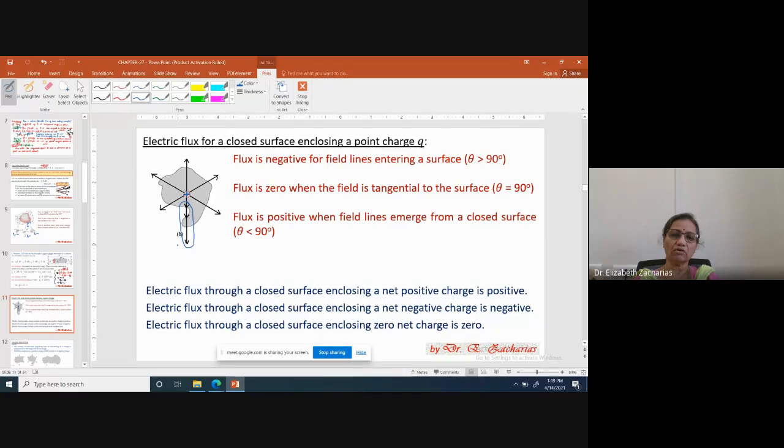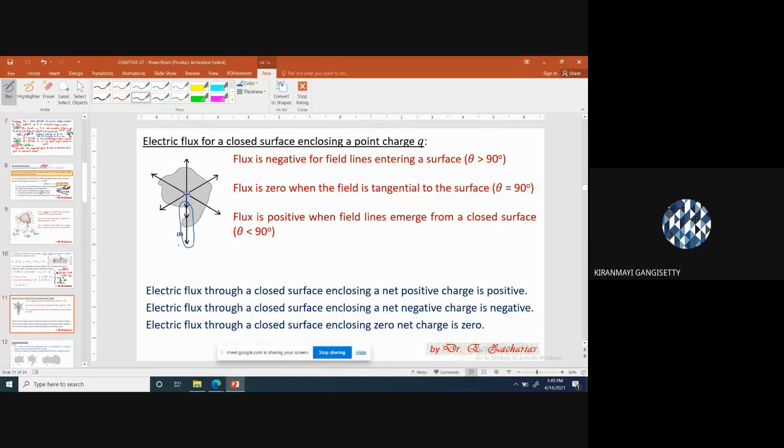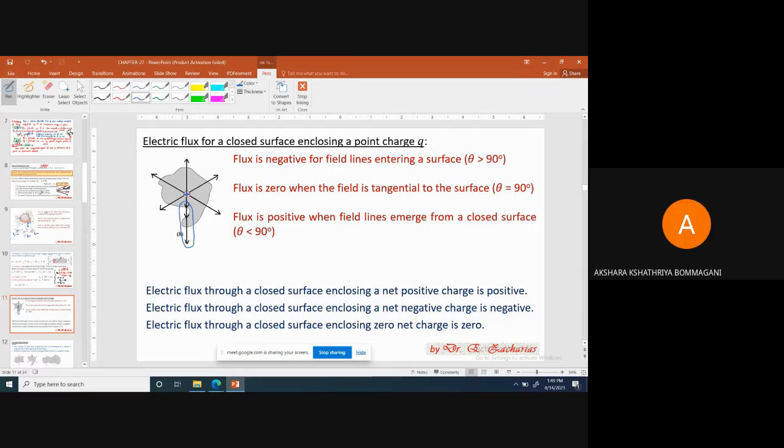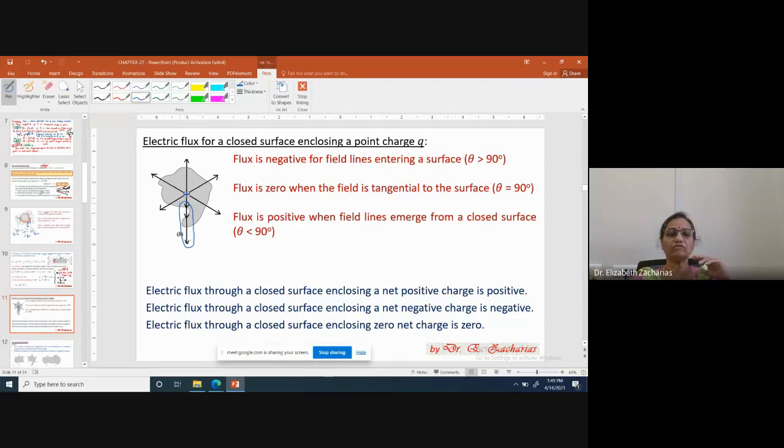So which is stronger, emerging or entering? Emerging. So this is also emerging. How many lines are emerging? 1, 2, 3, 4, 5, 6. Everything is emerging. So what is the net flux? Will flux be positive or negative? Positive. Therefore, flux will be positive.